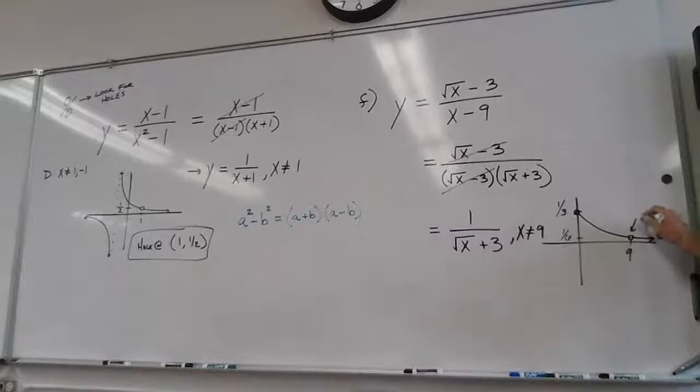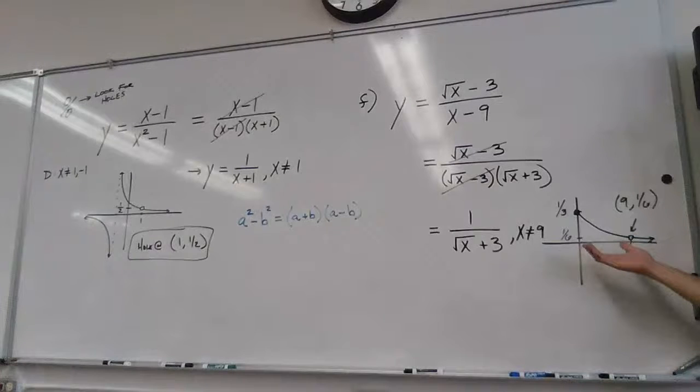So the hole is at the coordinates 9, 1/6. Now my graph's not really to scale, right? 9 is bigger than 1/3.